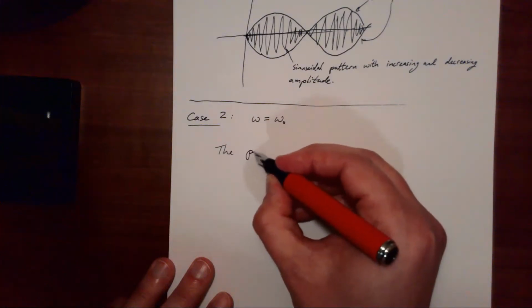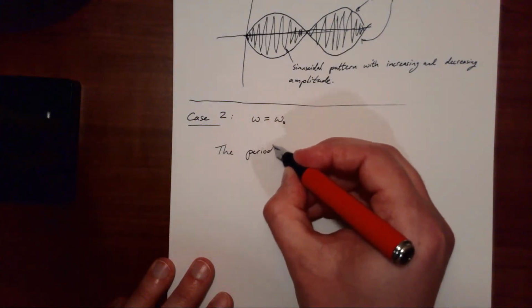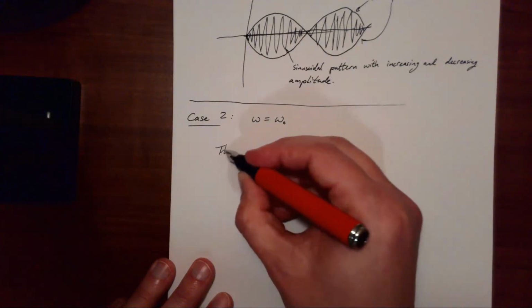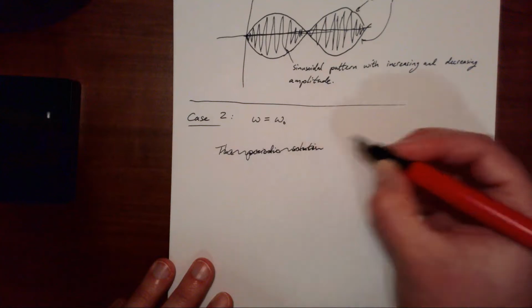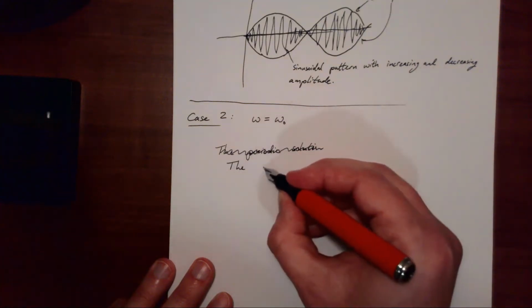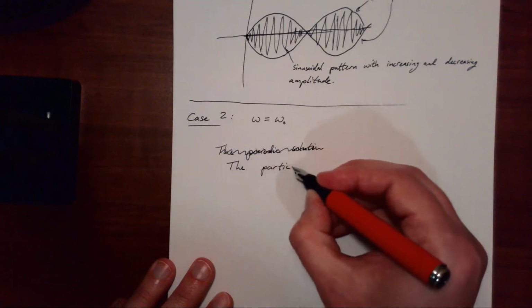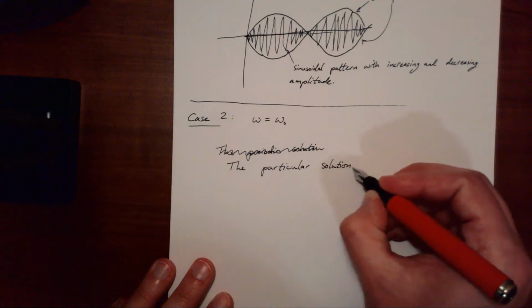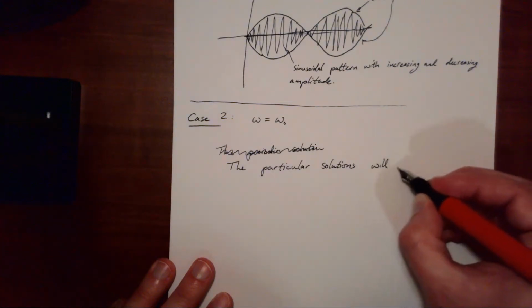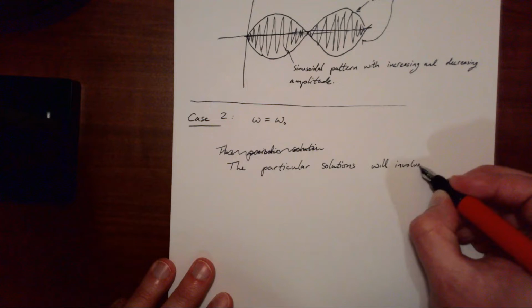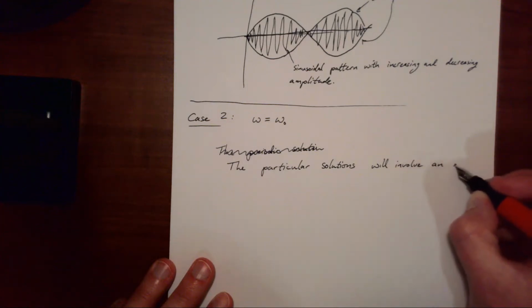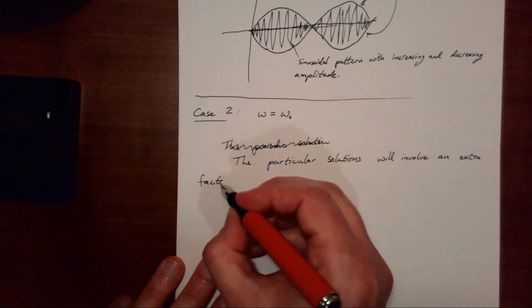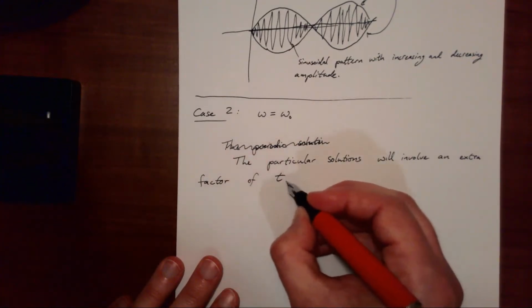So the particular solutions will involve an extra factor of t.